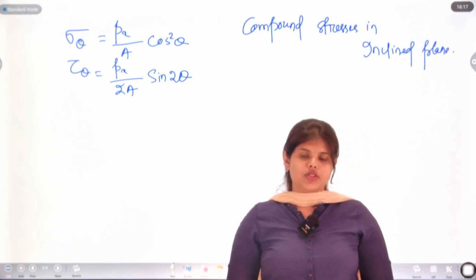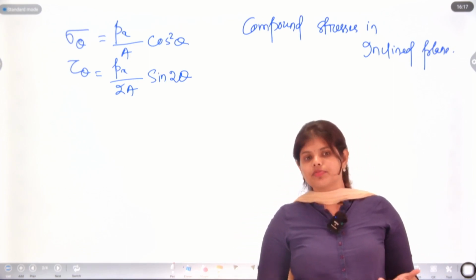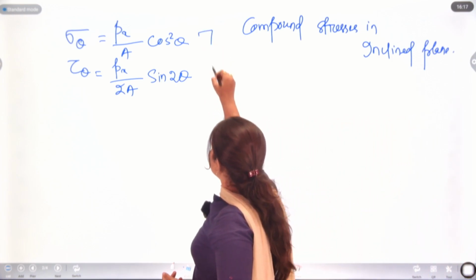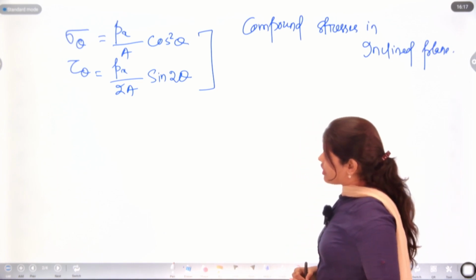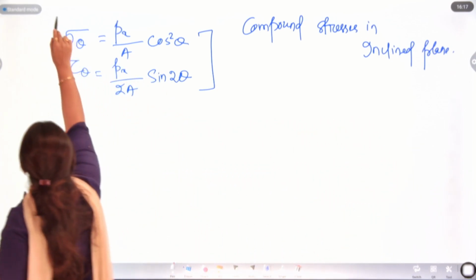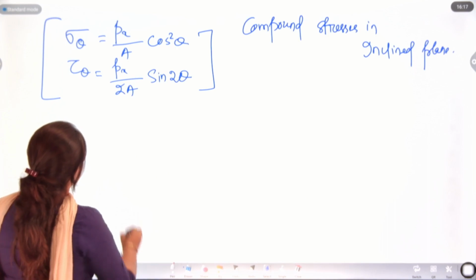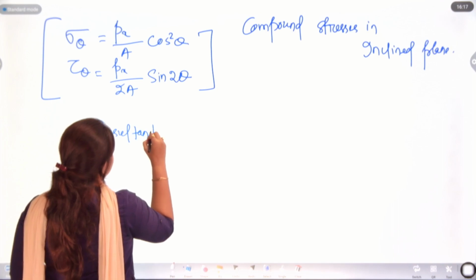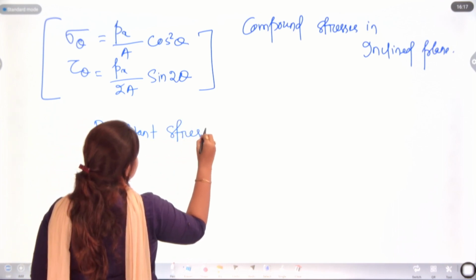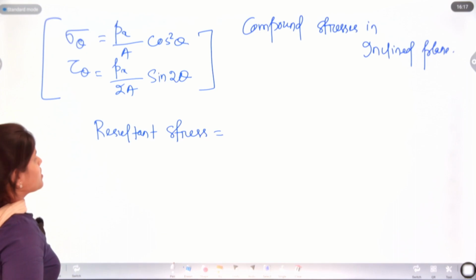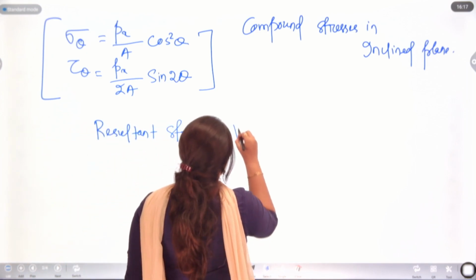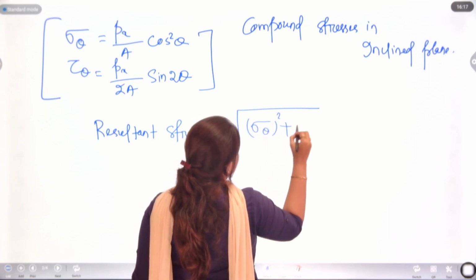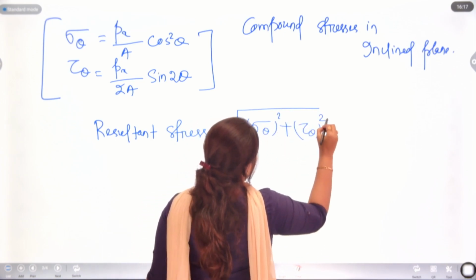In our previous lecture, we have already calculated normal stress and shear stress in an inclined plane, and we got the values here. Now, to find the resultant stress, we have the formula square root of sigma theta square plus tau theta square.